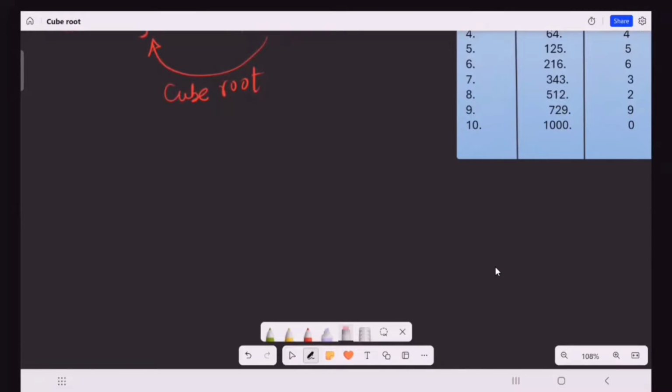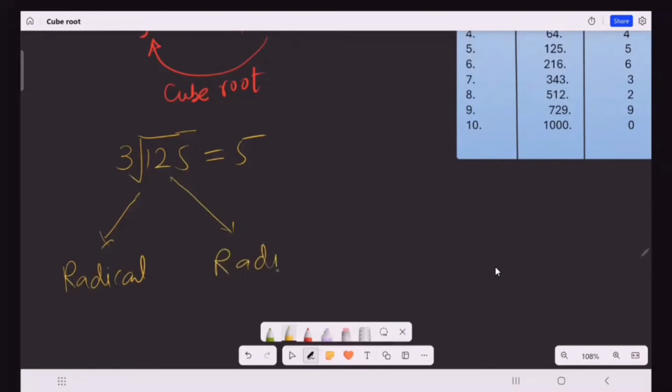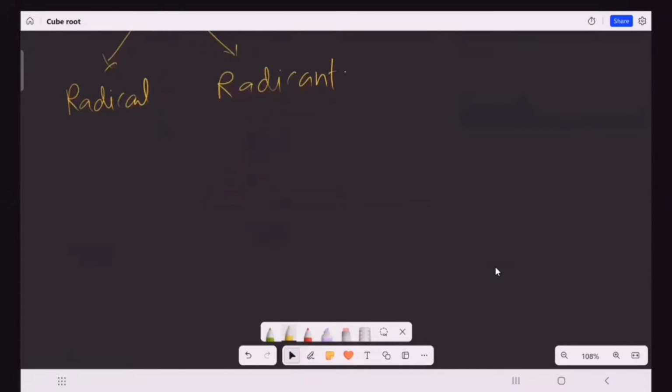So we can say that the cube root of 125 is 5. Here, this is a radical sign, and the number inside is the radical. Moving on further, I can represent 5 raised to 3 is equal to 125.